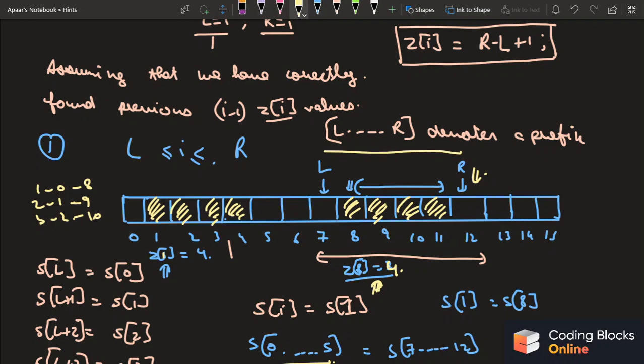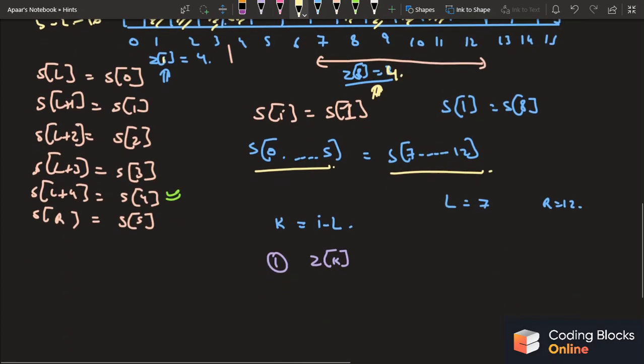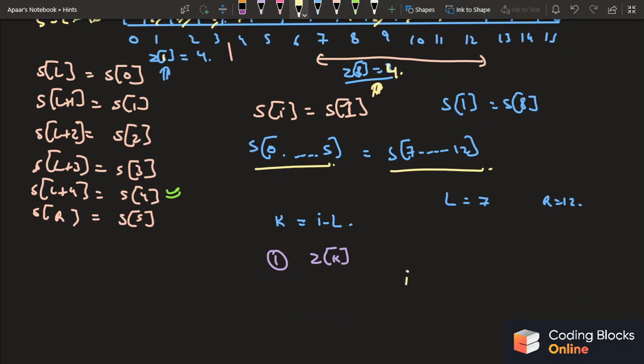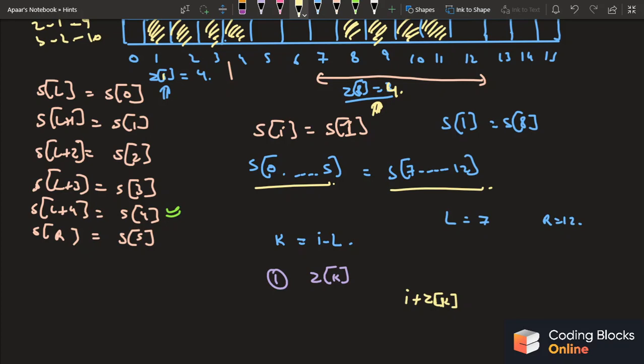Because from L to R is the whole substring from 0 to 5, right? So if it ends somewhere before R, basically what I mean is, this index i, that is 8, plus Zk, let's say 4, right?